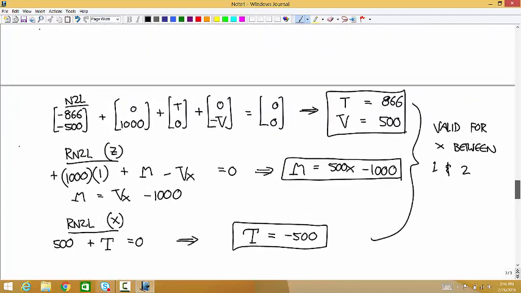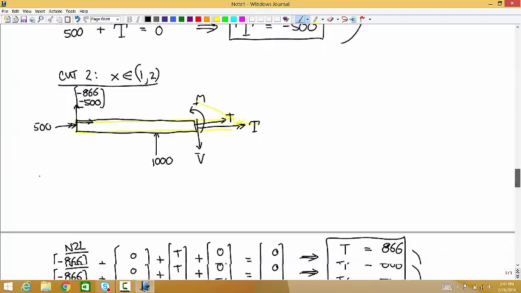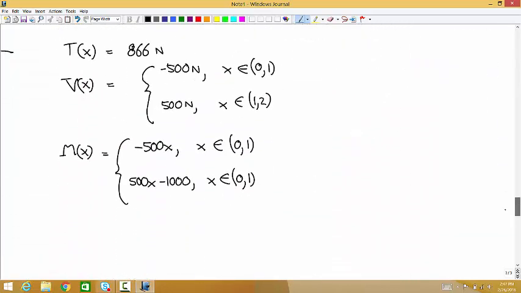And then the last one is the torque. That doesn't change. That's just negative 500 the whole time. So fancy T as a function of x is equal to negative 500 newton meters.